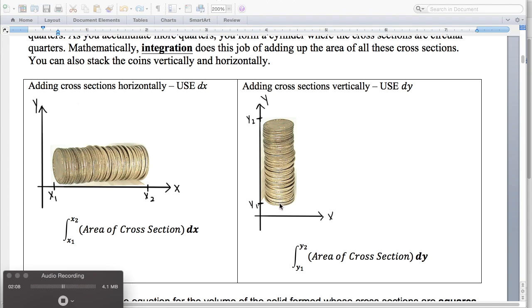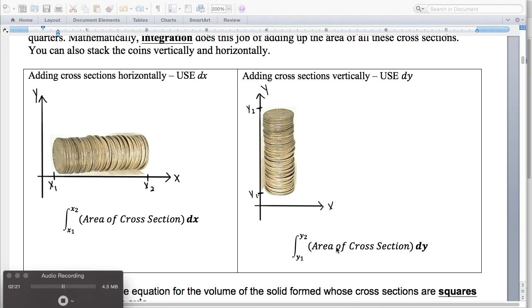If you're doing it with respect to y, which we won't do any examples of, but that's also a possibility, then you would use the smallest y value and the largest y value and do everything with respect to dy.